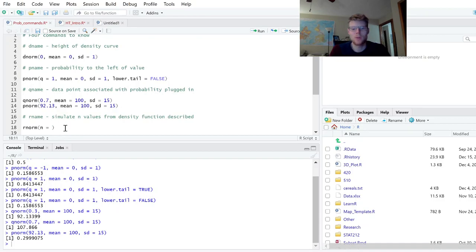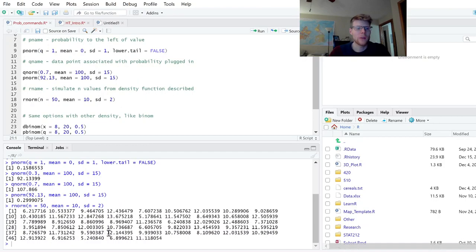So let's say I want to produce 50 data values, and I want it to come from a normal distribution with mean 10 and standard deviation 2. And so now I'm going to get 50 data values from this described distribution.